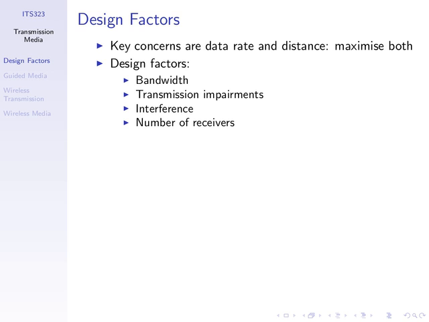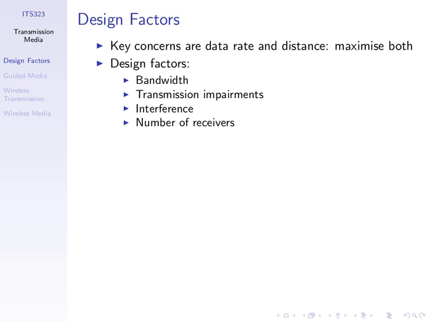Interference is also related to transmission impairments. If there are other transmitters transmitting at the same time, they may interfere with our signal, and in effect, we can treat that as noise. And we know that increased noise leads to lower data rate.